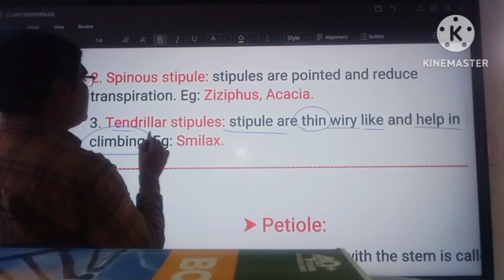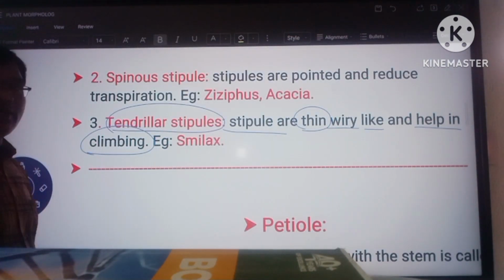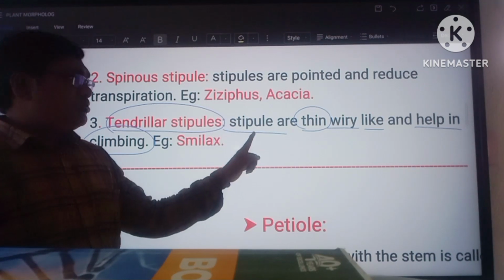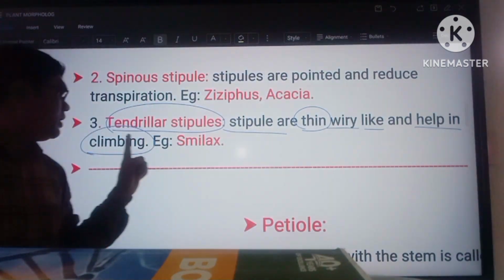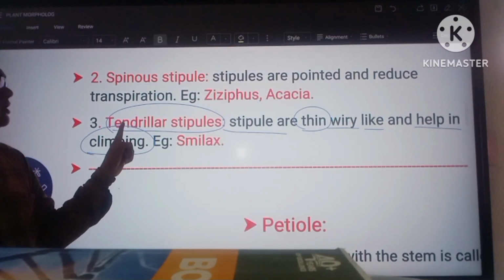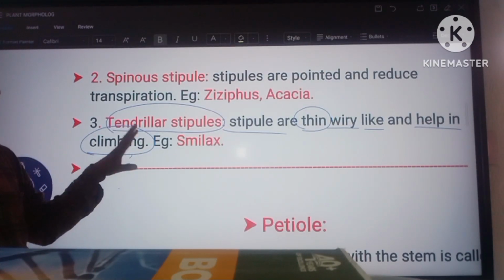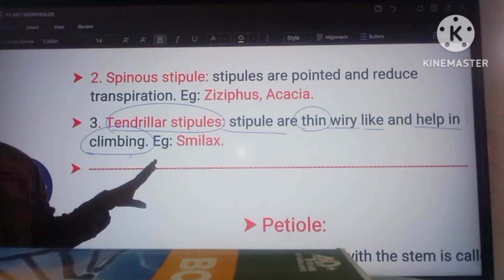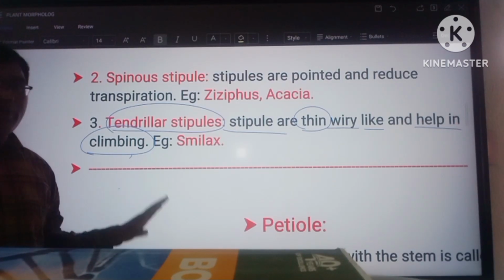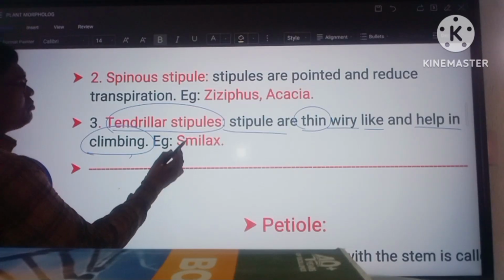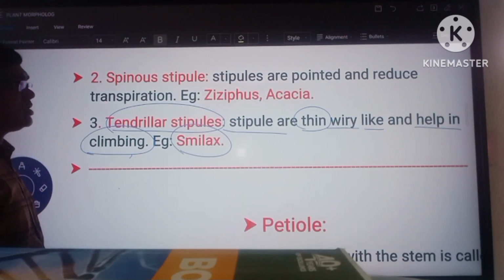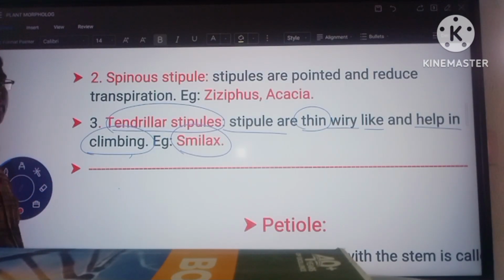Tendrillar stipules are nothing but stipules that are thin, wire-like, and help in climbing. Example: Smilax. So these are the three types of stipules present in angiospermic plants.